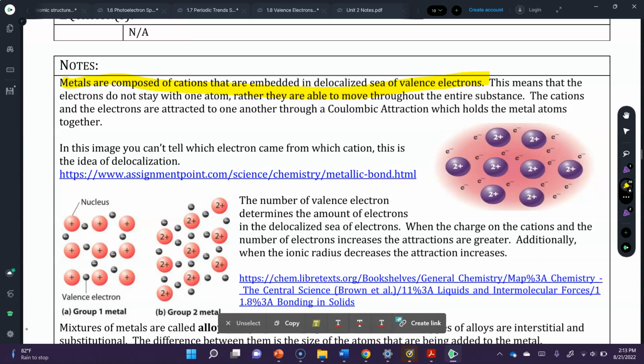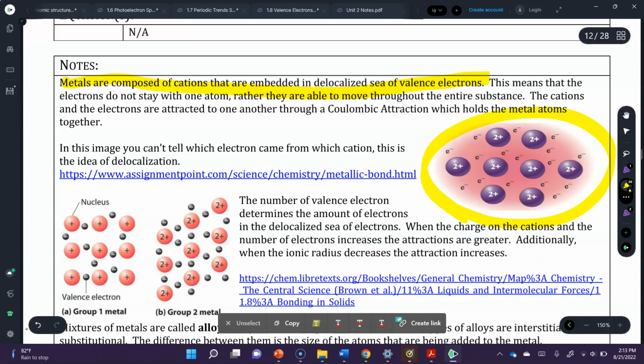In this image, you can't tell which electron, so this one here, came from which cation. That's the idea of delocalization, those electrons are just free-floating randomly around, acting like a glue to hold those positive cations together, but they are kind of like a fluid floating through everything.